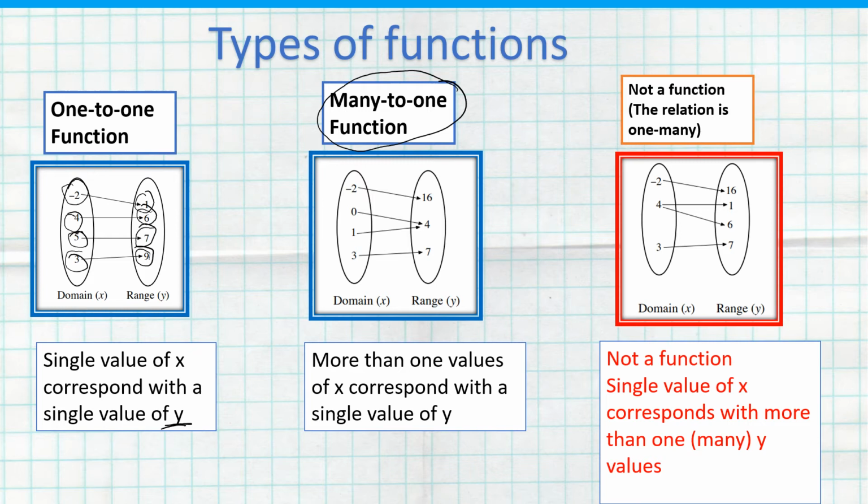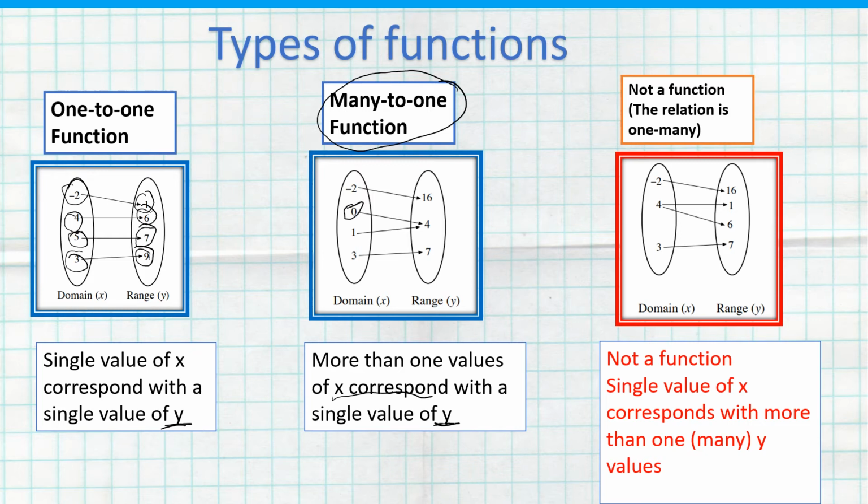Okay, number 2, many-to-one function. It's where more than one value of x will correspond with a single value of y. Remember, for a function there must always be a single value of y, right? So more than one value of x will be corresponding with a single value of y. For example, look at this.